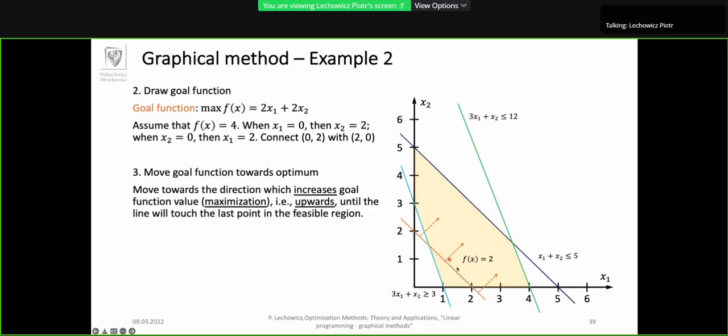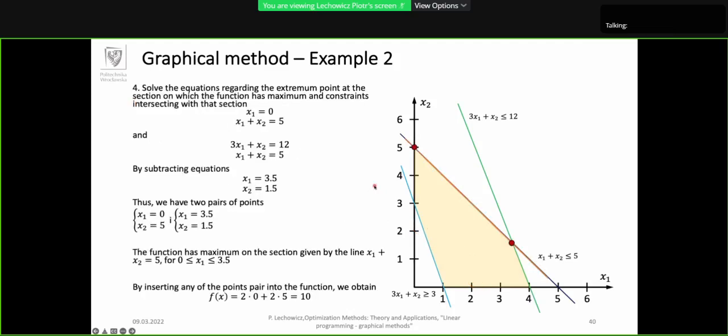And we are moving this line towards the optimum, so we are maximizing it. So if we have the maximization problem, we are moving it such that the goal function increases. So we are moving it upwards until it touches the last possible point in the feasible region.